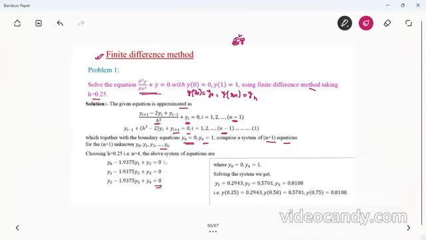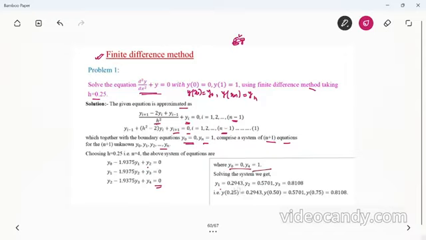Three equations, three unknowns. The unknowns are y1, y2, y3, and y0, y4 are given because this is a BVP. Boundary values are given, so we can easily calculate. From the three equations, we can easily find the three unknowns. y0, y4 are given.